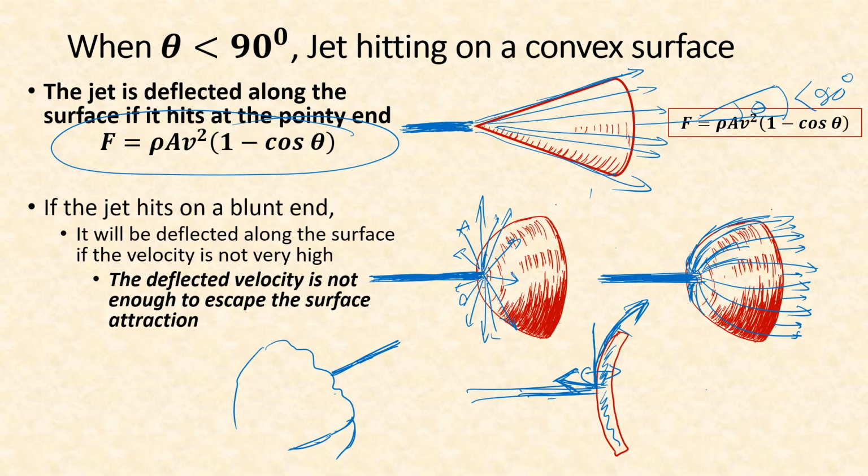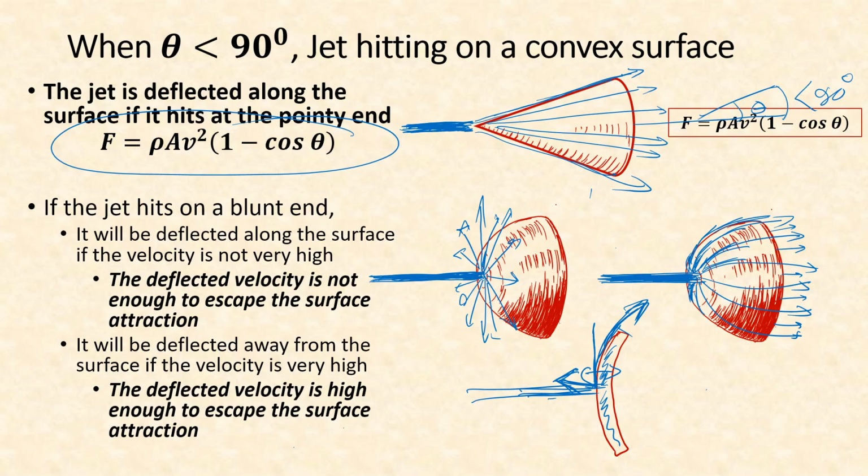So you'll see that water will not be deflected like this, and it will be moving along the surface. But if you can somehow increase the velocity of water, at some point water will spread away from your knuckle or any curved surface.